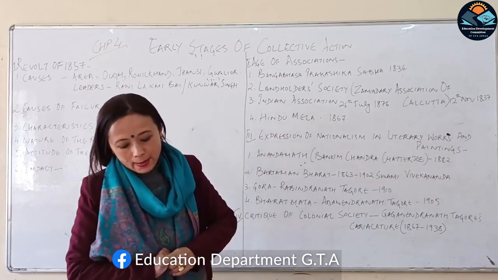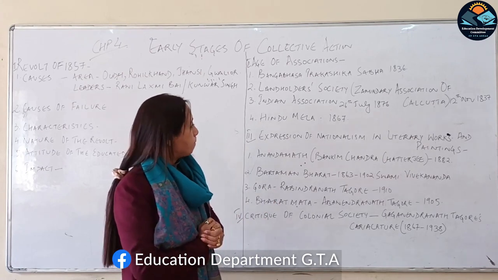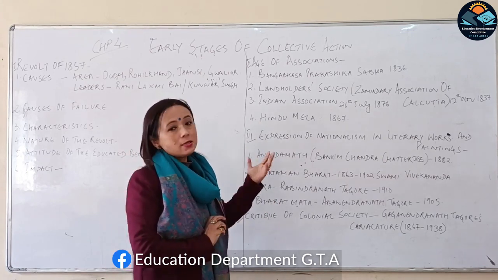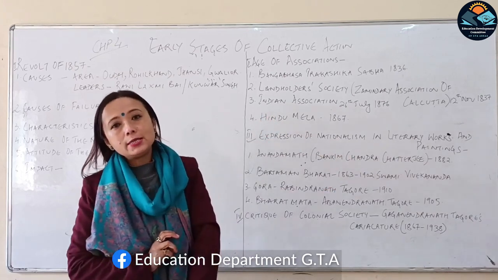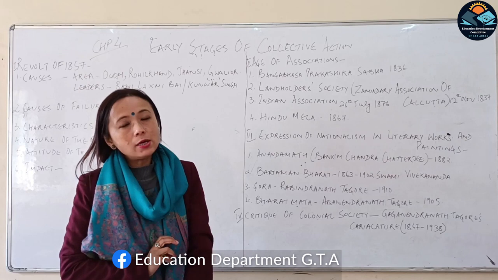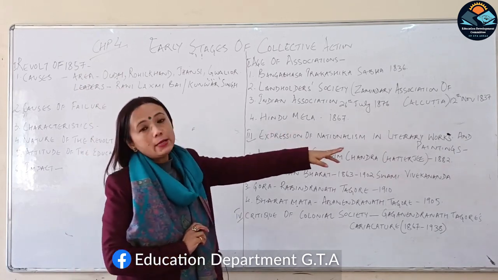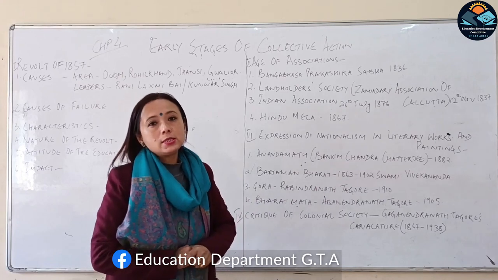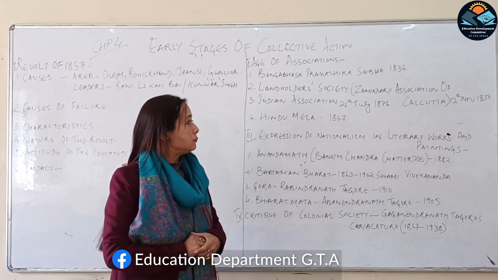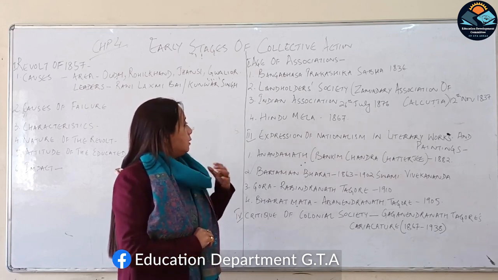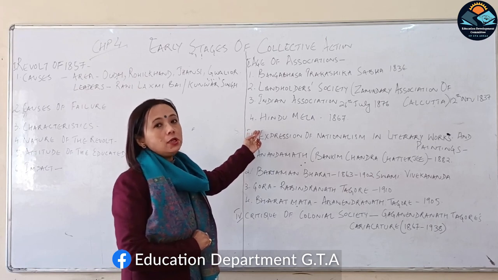Now, Naba Gopal Mitra established the Jatiya Mela, which later came to be known as the Hindu Mela, in 1867. Now, Gaganendranath Tagore was its secretary and Naba Gopal Mitra was its assistant secretary. Now, what were the objectives of the Hindu Mela?